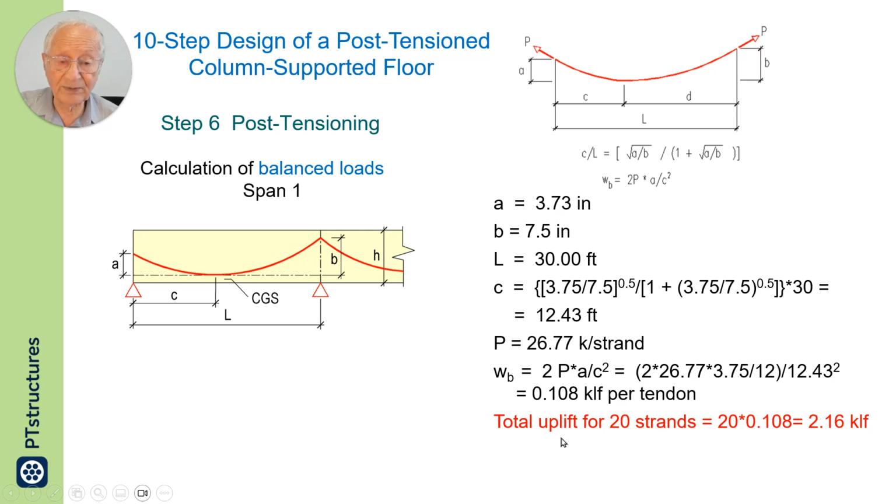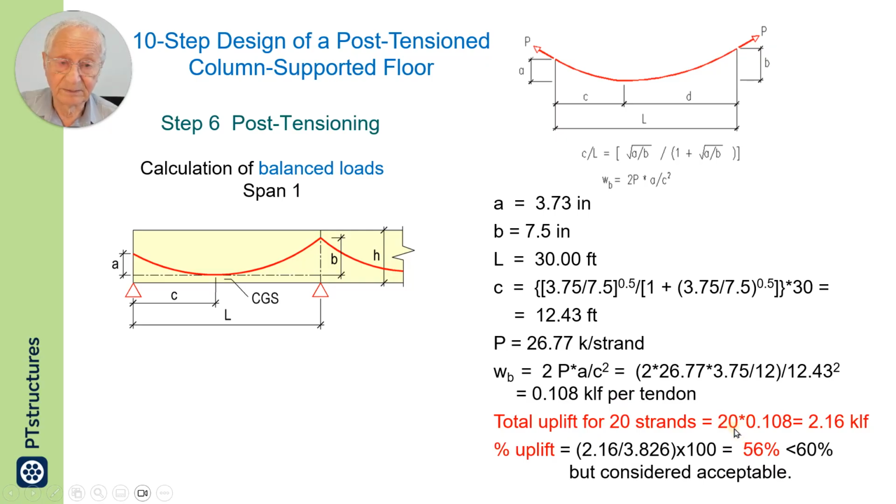The total uplift for the 20 strands will be this. The percentage of uplift I have obtained is 56%, less than 60% that I wanted, but I have considered it acceptable.